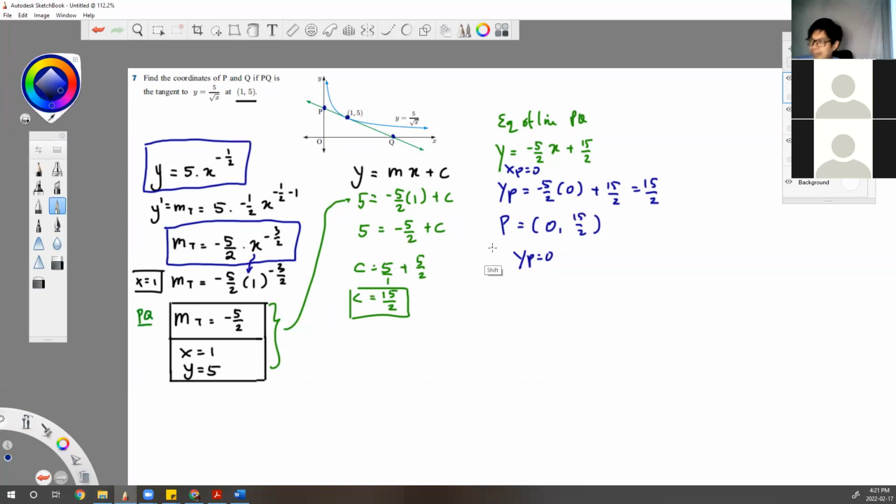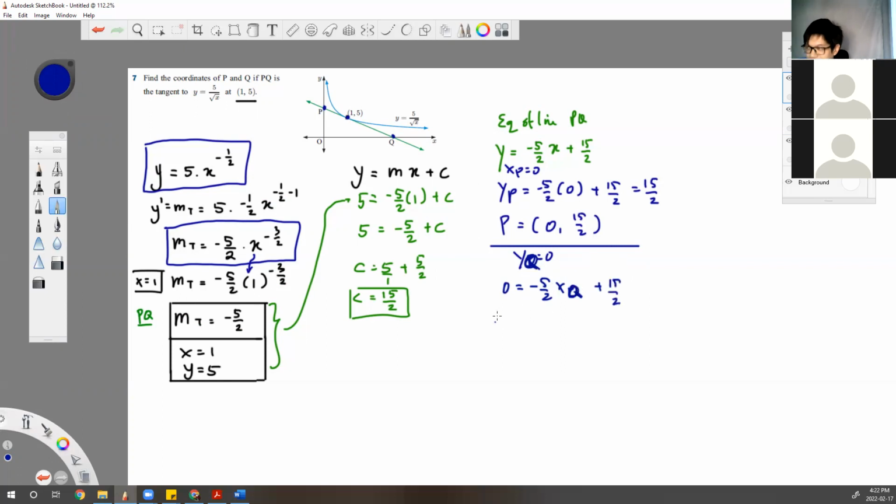So y_p is 0, and you can find the x by inserting into this formula. So 0 equals -5/2 x. Wait, it's not p, it's q. Sorry, Q is the x-intercept, where y equals 0, plus 15/2.